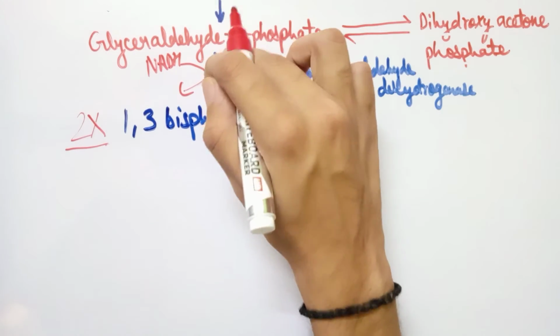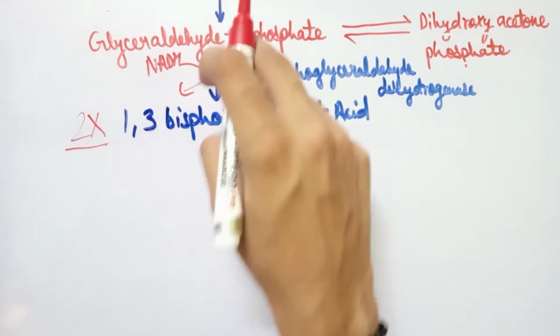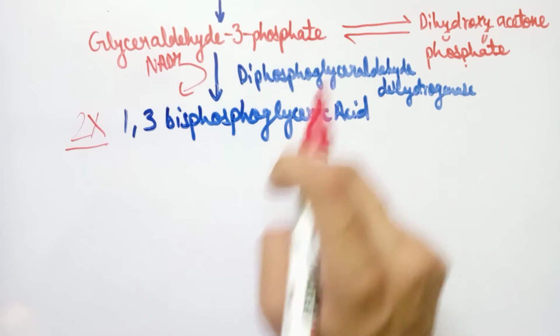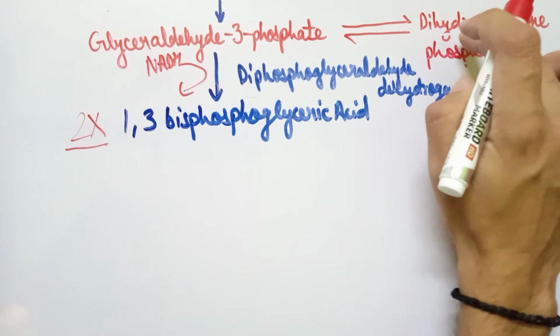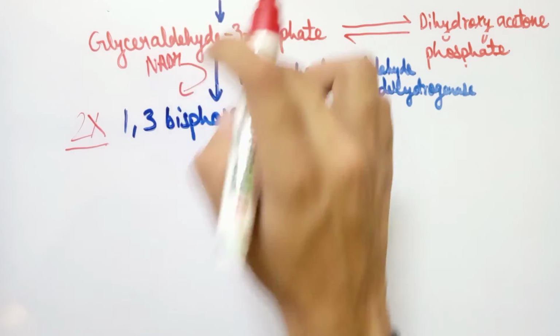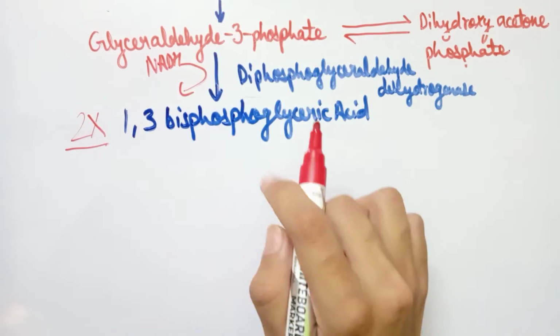So one molecule will be formed from the original glyceraldehyde 3 phosphate, and the second molecule will be formed because of the conversion of dihydroxyacetone phosphate into glyceraldehyde 3 phosphate.